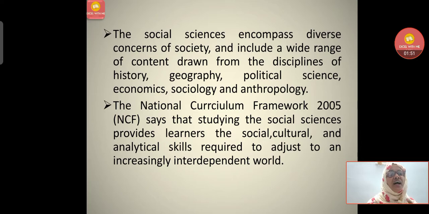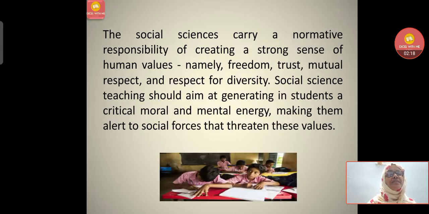Because they are the future citizens of the country. They need to understand what is our culture and what are the skills need to be applied to survive in this world, how the person can adjust in this increasingly interdependent world. Without dependence, nobody can survive, not even animals and not the human beings.